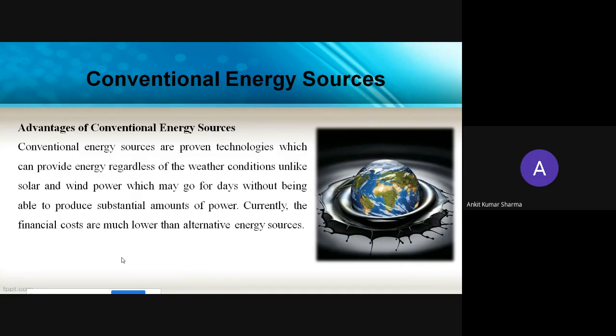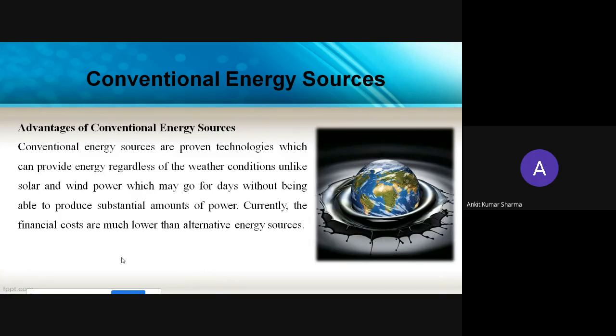In the case of thermal versus solar, you will find that the energy cost of thermal is much lesser than solar, because there is so much installation cost and transport cost in the case of solar, and uncertainty factors. So the unit charge, the energy cost, is higher than thermal.